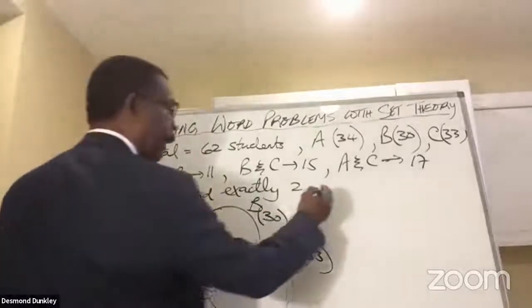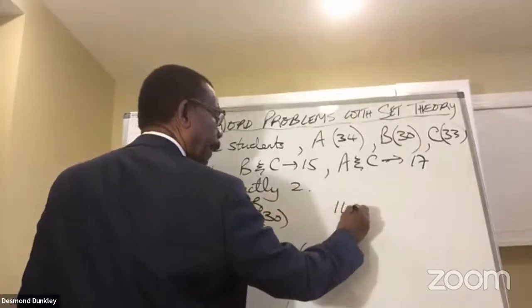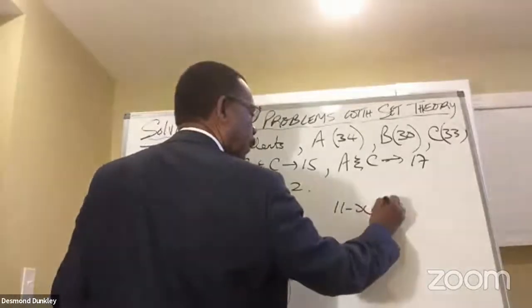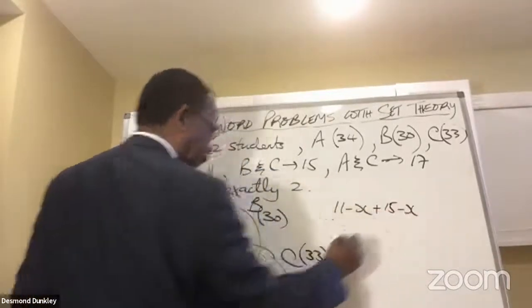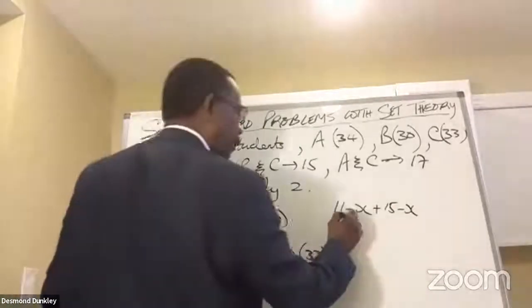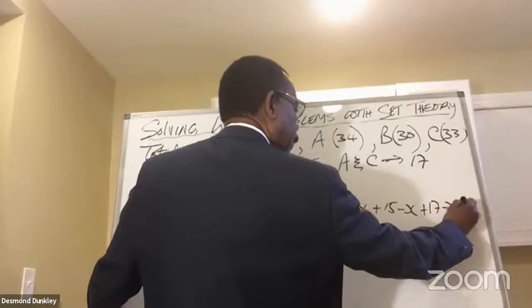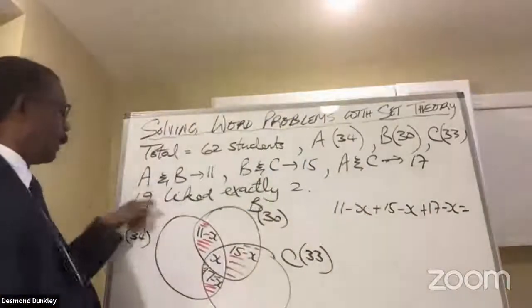So we will have 11 minus X plus 15 minus X plus 17 is going to be equal to 19.